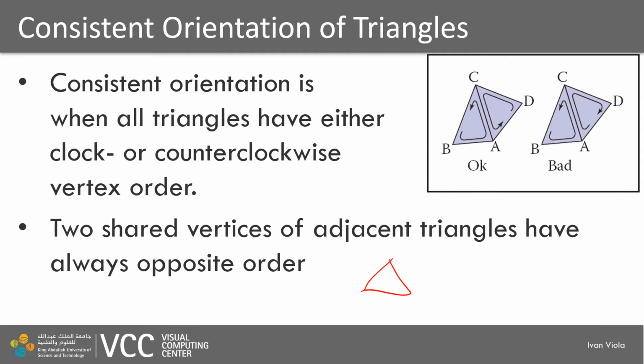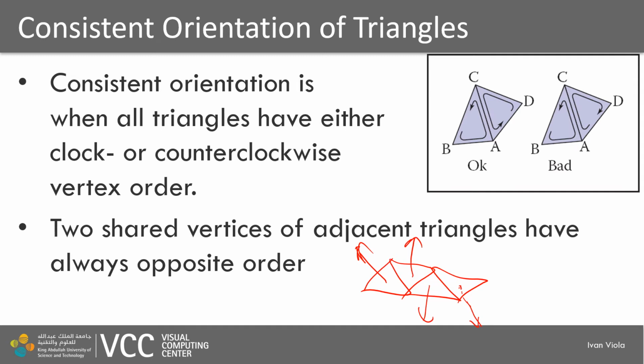So for example, if we have several triangles, we would like all of them to have their normals pointing in the same direction, and not that one normal will be pointing downward, so to say. That would be incorrect. It would be an inconsistent orientation of triangles.